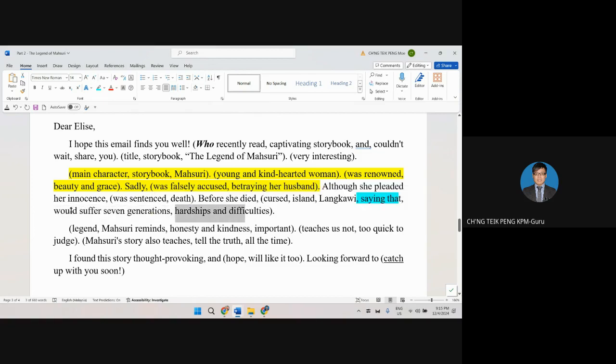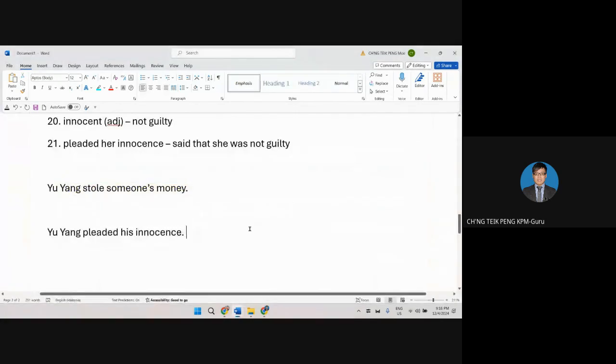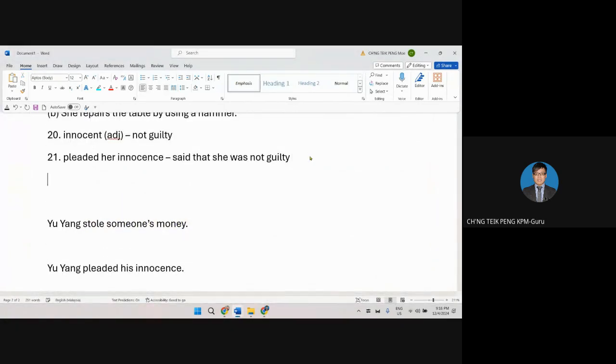So here you have to tell the teacher who would suffer 7 generations. Suffer means to have a hard time. When you suffer, it's a verb, it means you do not feel well.